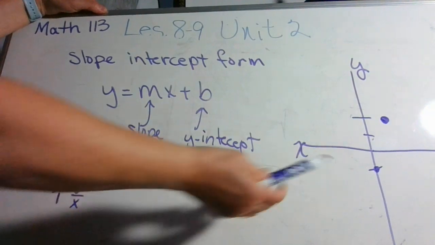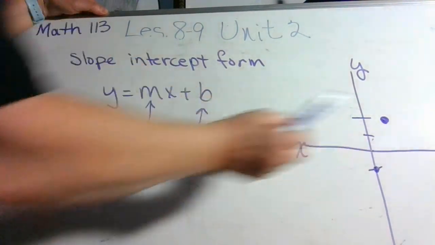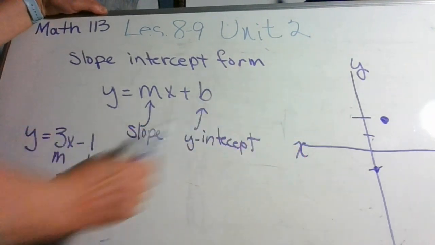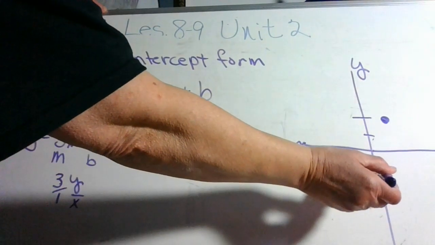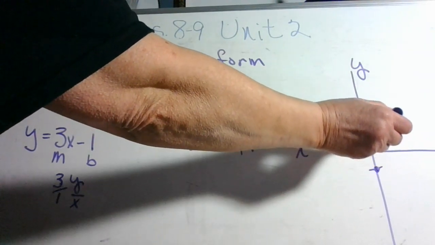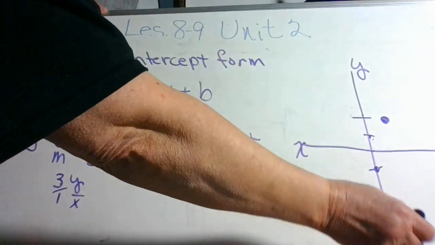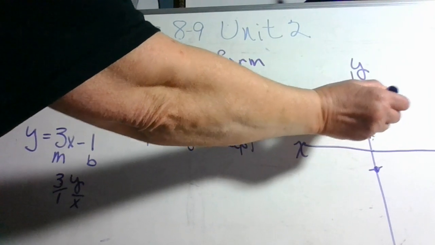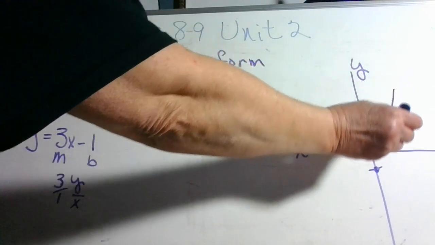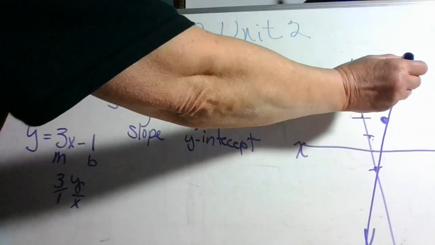Once again, this is your y-intercept, the -1. And then for your slope, you start at that intercept, and whatever the y is, if it's positive, you go up that many. If it's negative, you go down that many. And then whatever the x is, you go to the right that many places. Those 2 points will give you the line.